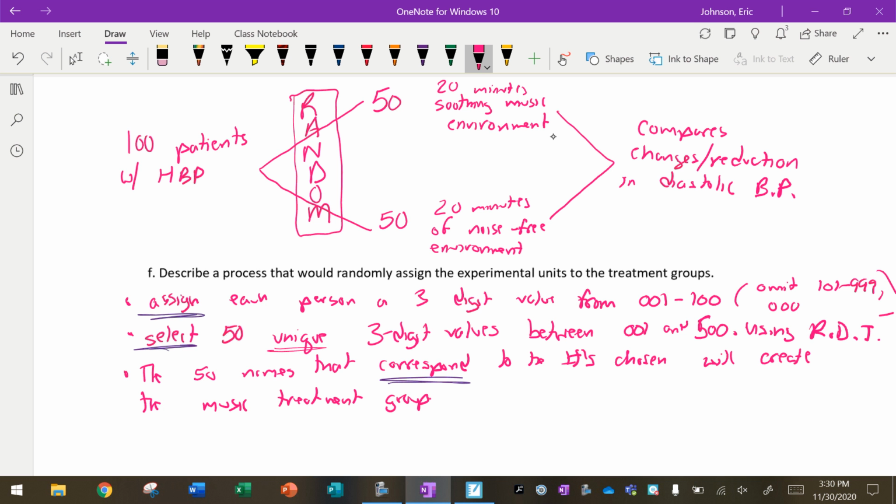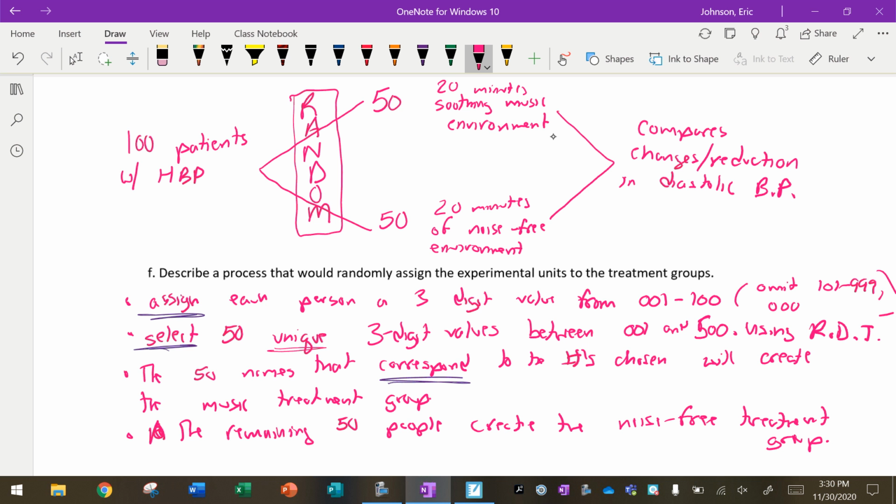And since we're creating a group, we're going to use unique values, which means we skip repeats. The names that correspond to the numbers chosen create the music group. The remaining 50 people create the noise-free treatment group. And there you go. That is how you can randomly assign these 100 patients with high blood pressure.